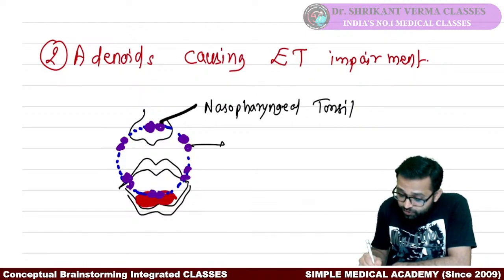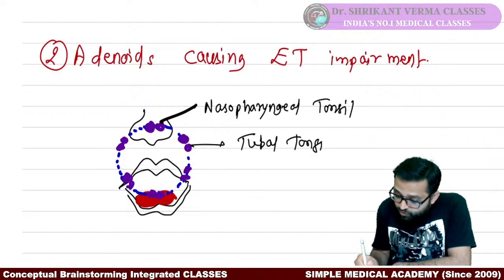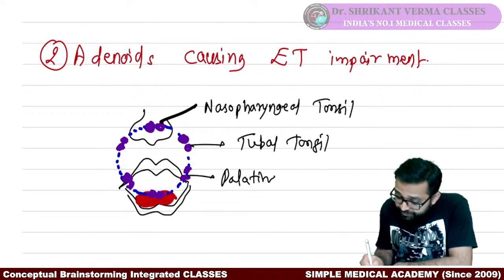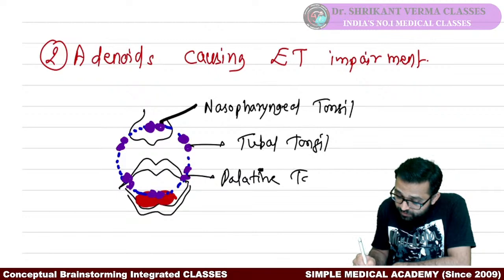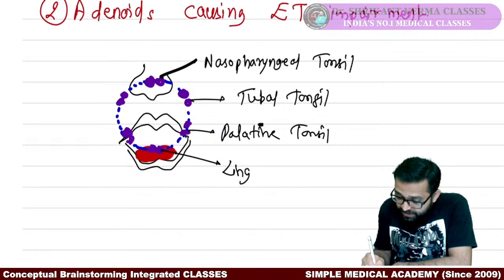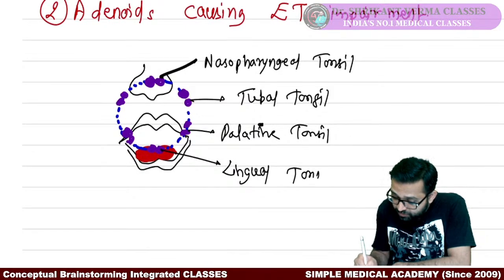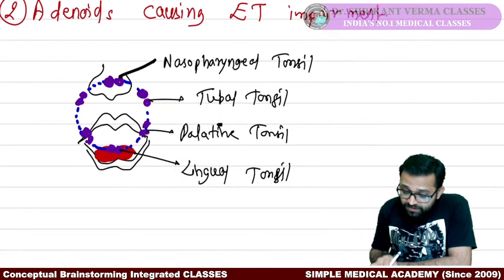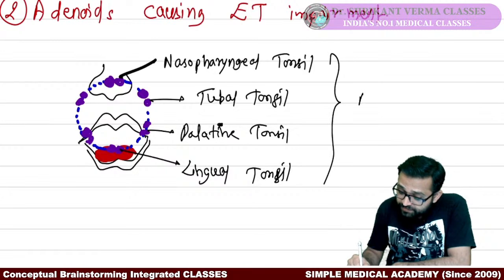Here was the auditory tube opening, that's why this was known as the tubal tonsil. Here was the palatine tonsil, and here was the lingual tonsil. All are known as Waldeyer's ring.